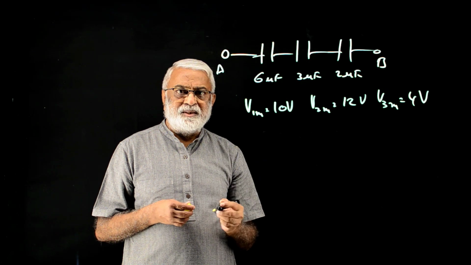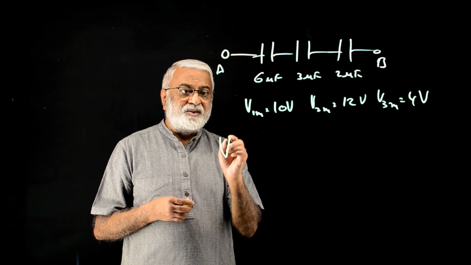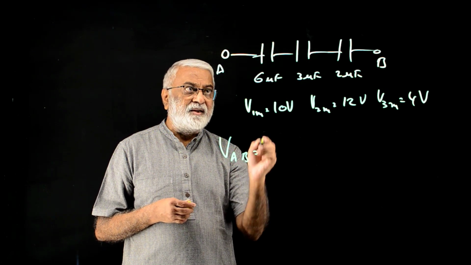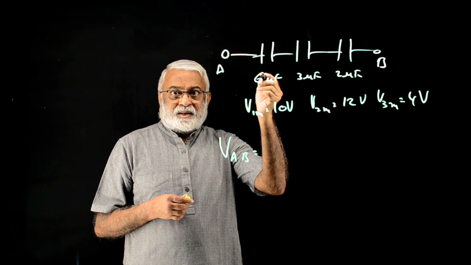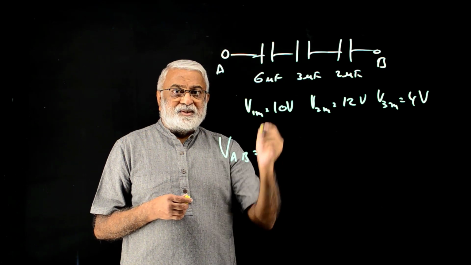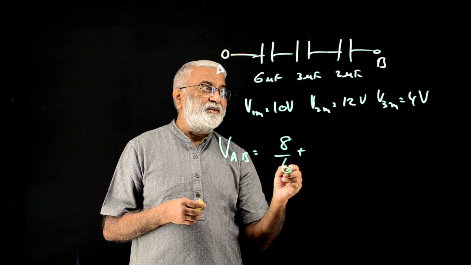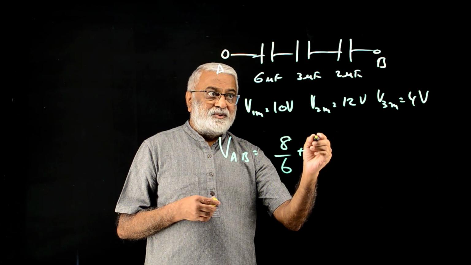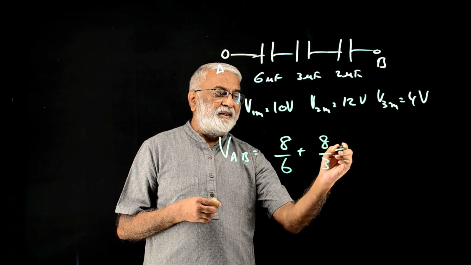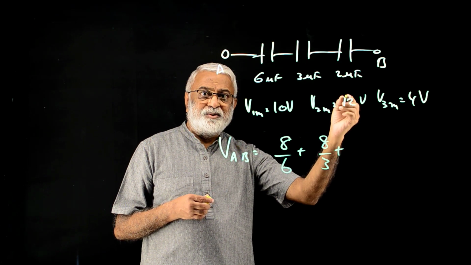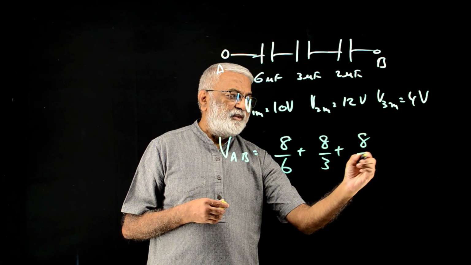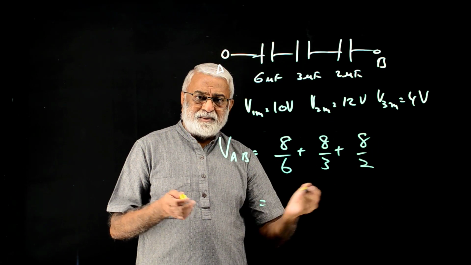That will give us a potential difference of the combination between A and B across this: 8 microcoulomb by 6 microfarad, 8 by 6 volt, plus this will be 8 by 3, and this will be 8 by 2, that's 4 volt of course. So you can take the LCM and work this out.